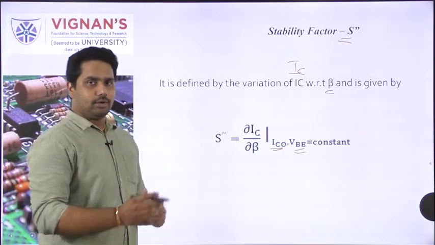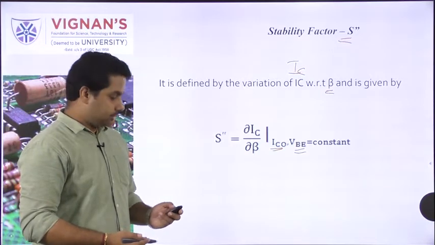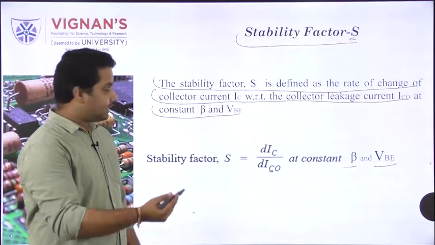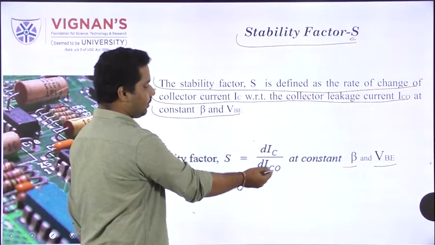So now I think you got how easily to get these representations. The first one is the rate of change of collector current with respect to the leakage current IC0.